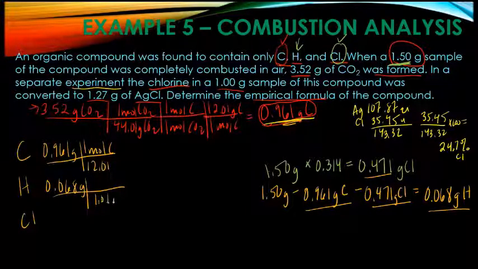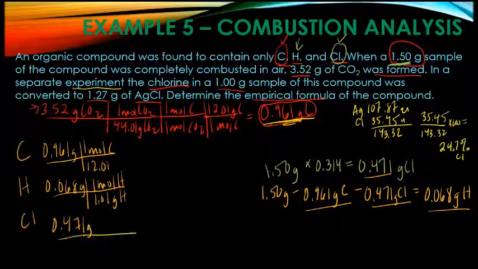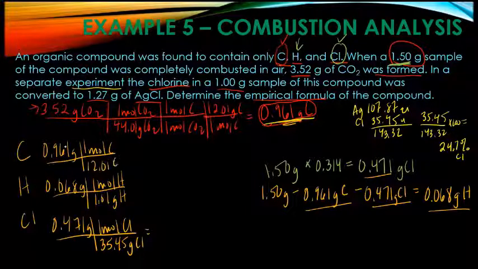This is 1.01 grams of hydrogen, that equals 1 mole of hydrogen, and our chlorine 0.471 grams. Chlorine on the periodic table is 35.45 grams, equals 1 mole of chlorine. I guess I should put the carbon, the hydrogen, and the chlorine in there as well. So calculate all of those, and then we'll decide which one is the smallest mole.